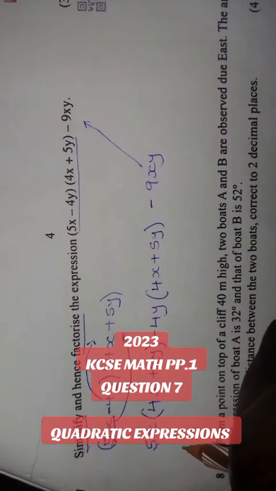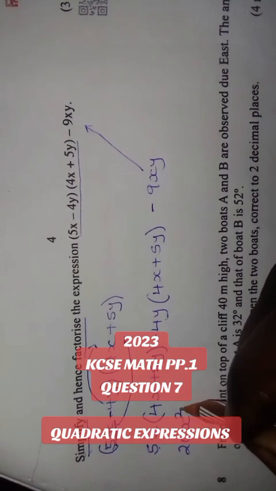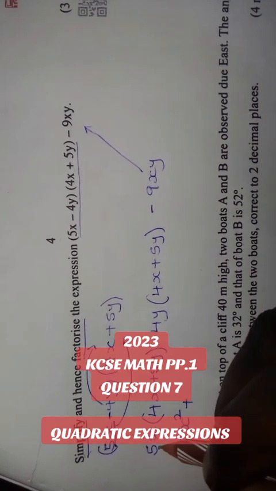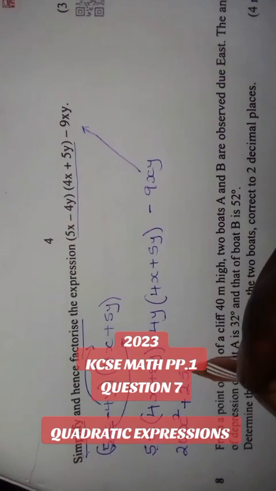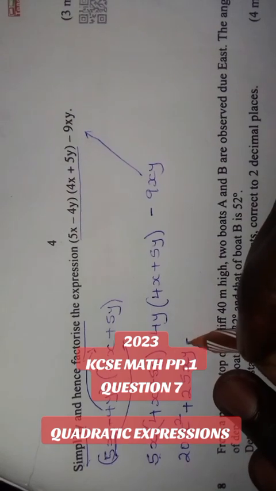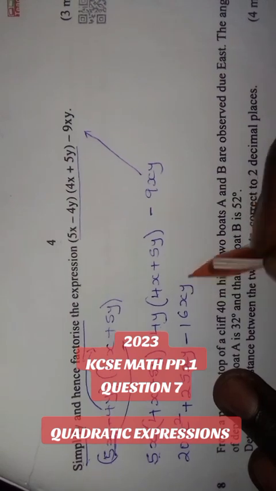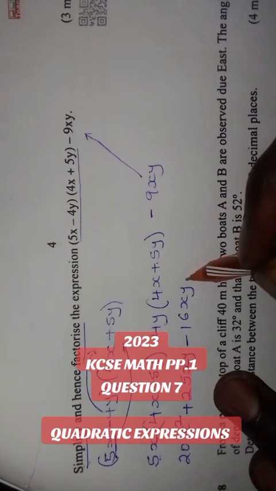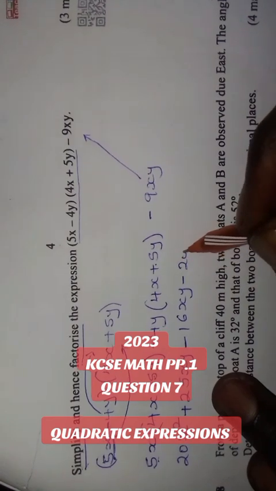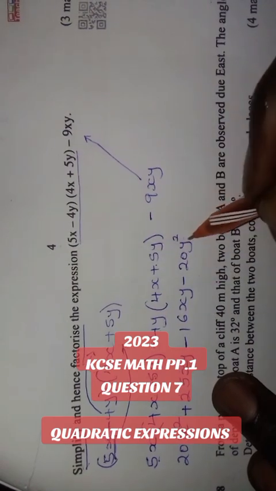So 5 times 4 here is 20, x times x is x squared, plus 5 times 5, this is 25xy. It is good to follow the alphabet. Minus, here I have 16xy, then a negative and a positive gives me a negative, that is 20y squared, because y times y is y squared.